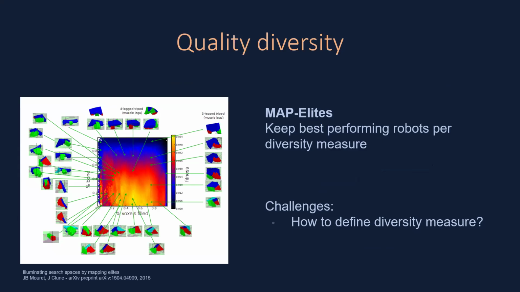You want the robot that is good at moving forward, but you want either big robots or small robots. Then you can create a map which has certain diversity measures, and for every diversity measure, you will keep the best robot.